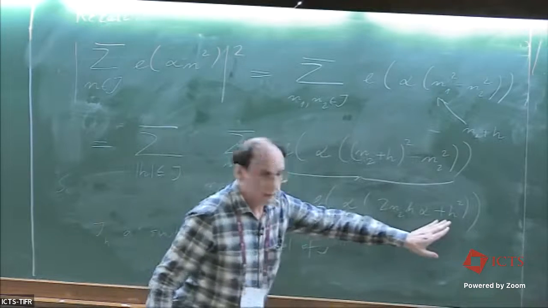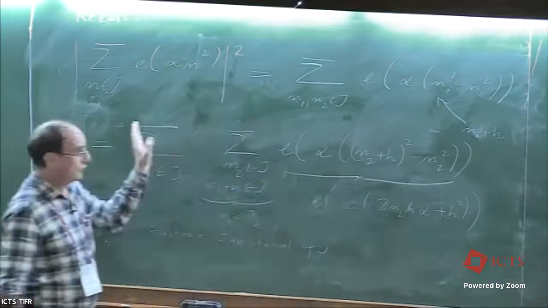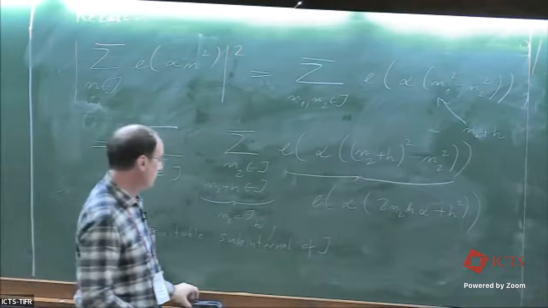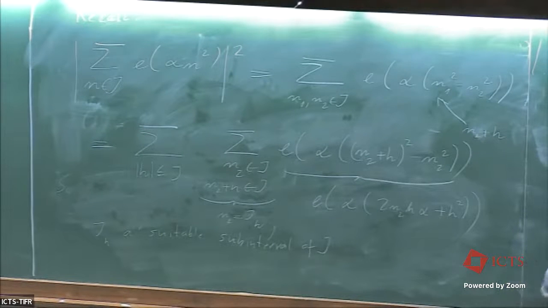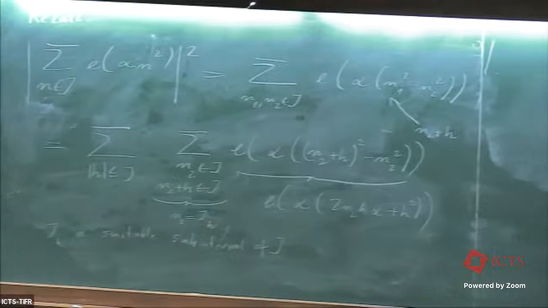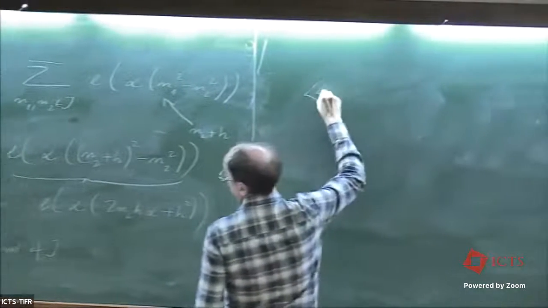So we cannot do anything about the h squared here, we put that outside. Just use the triangle inequality.